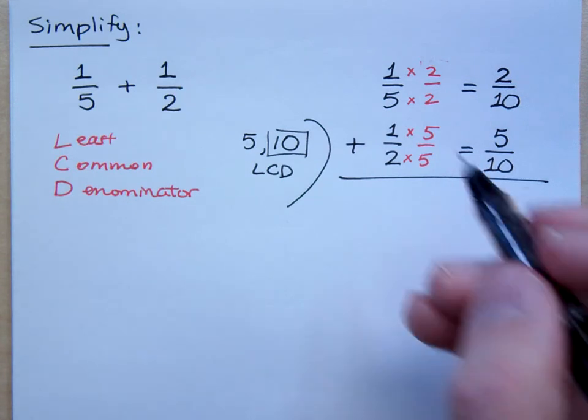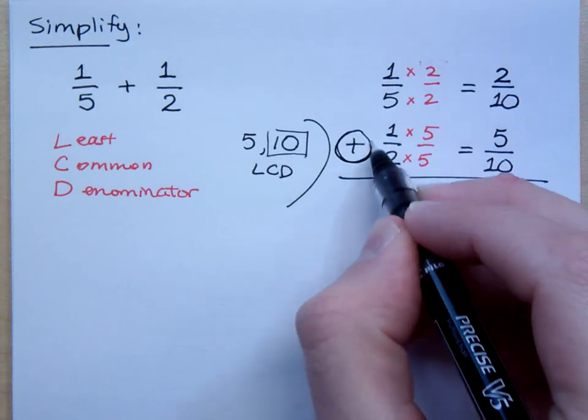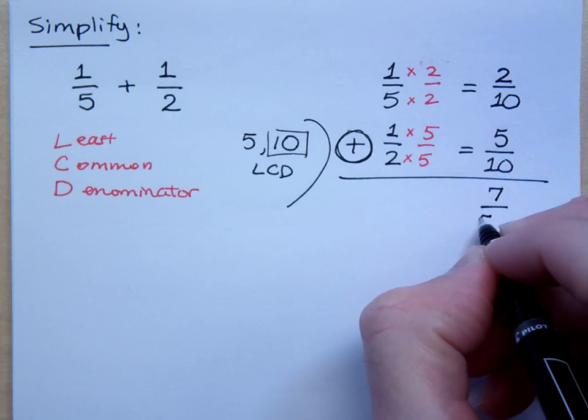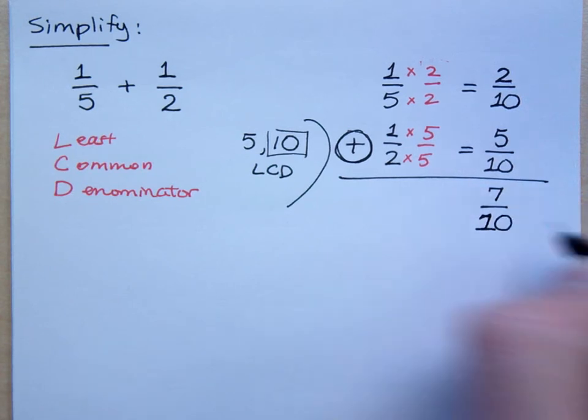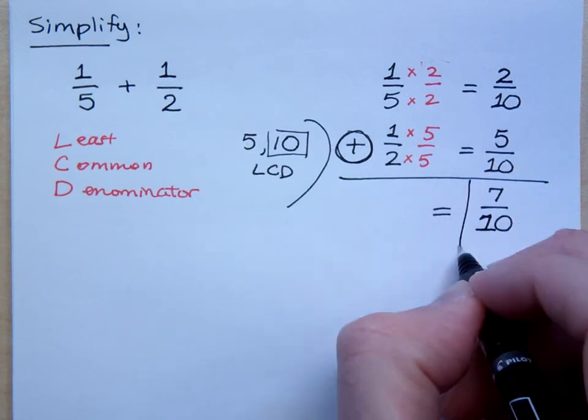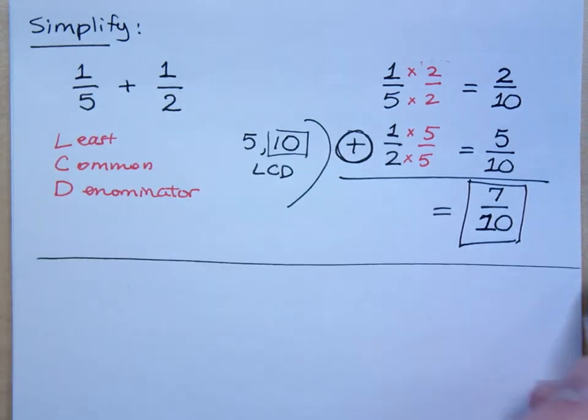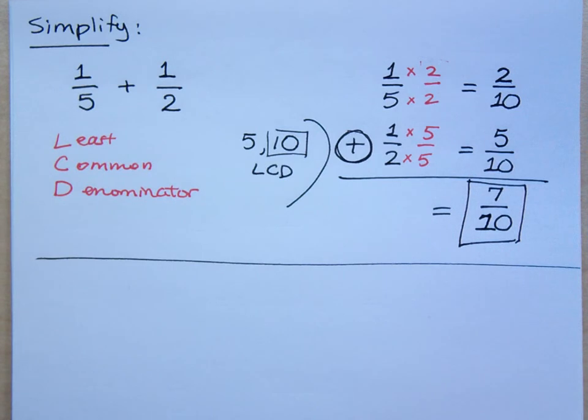So what is the addition problem now? What do we have? 7/10. Can I reduce 7 over 10? Nope, so this is your answer. Is that enough for us to freak out yet? Yes? Okay.